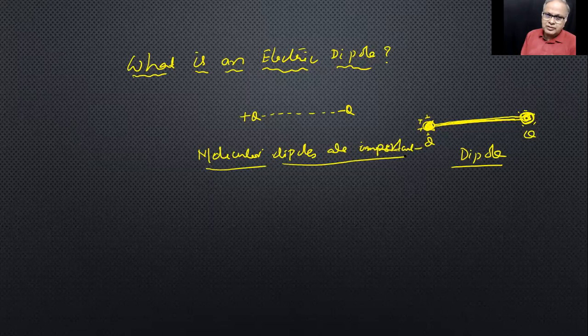Water molecule is a polar molecule, you say. Water molecule is a dipole.